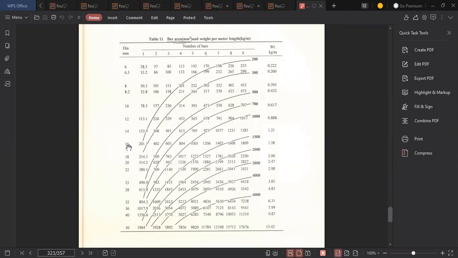Let's say we chose 14. Remember this table is the bar area per 1 meter length.